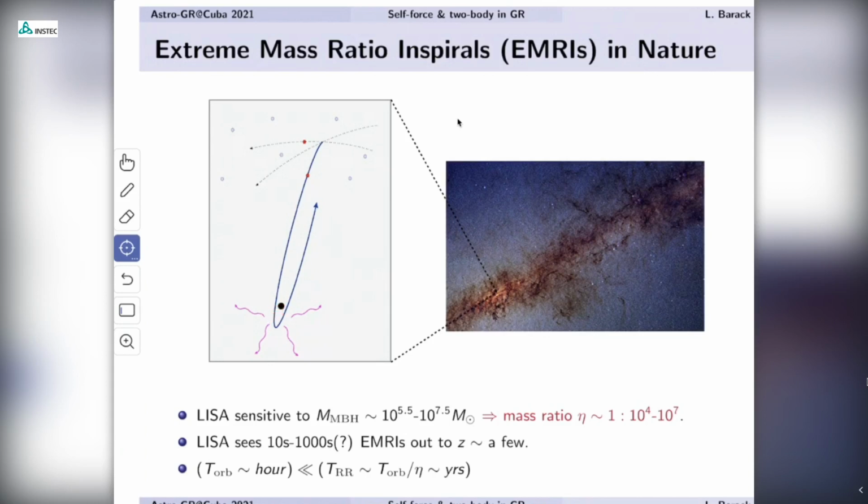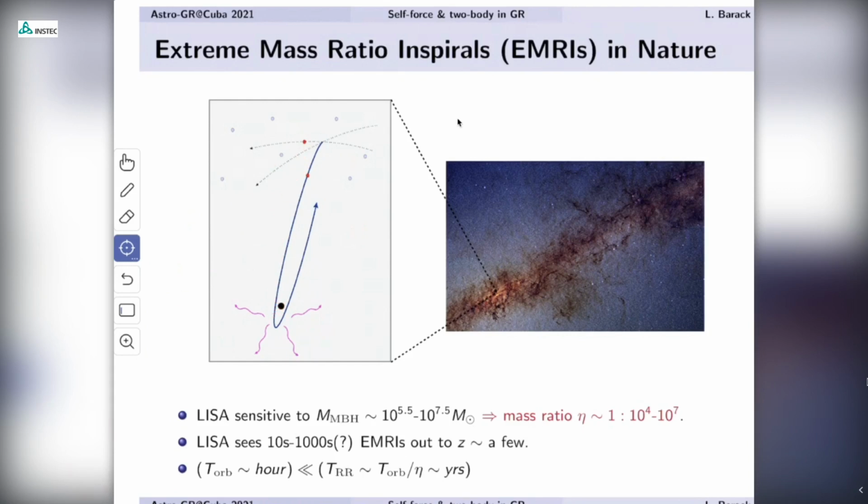And we know that statistically there's a chance of a small object, like a stellar black hole from the cluster of stellar objects around the center of the galaxy, to be scattered into a tight orbit around it. And if the parameters are right... most of the time the scatter will end with nothing. Either the object will fall into the black hole or get scattered onto the other side of the galaxy.